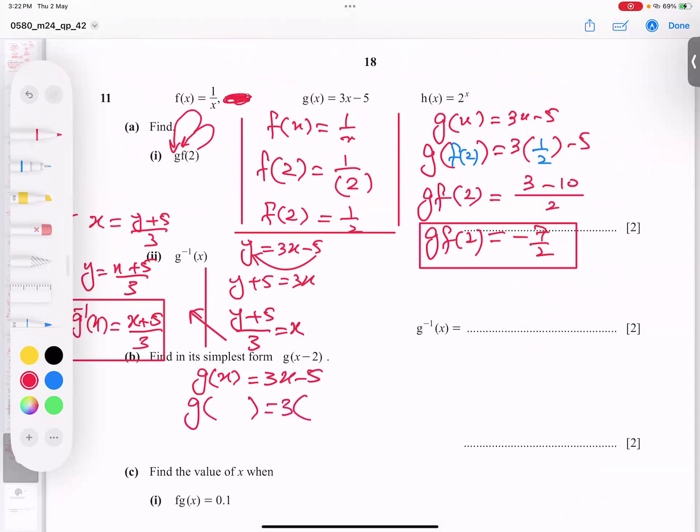Both sides, how many x's, I will leave an empty space. X minus 2 will come here and here. G of x minus 2. 3 multiplied inside, 3 times 2x, 3 times 2, 6. And finally, I get 3x minus 11. This is my final answer.